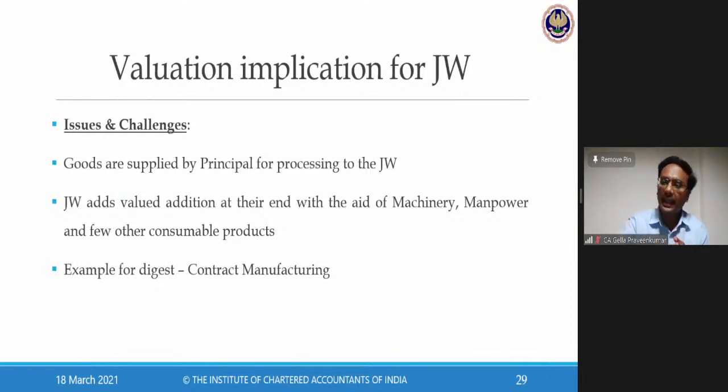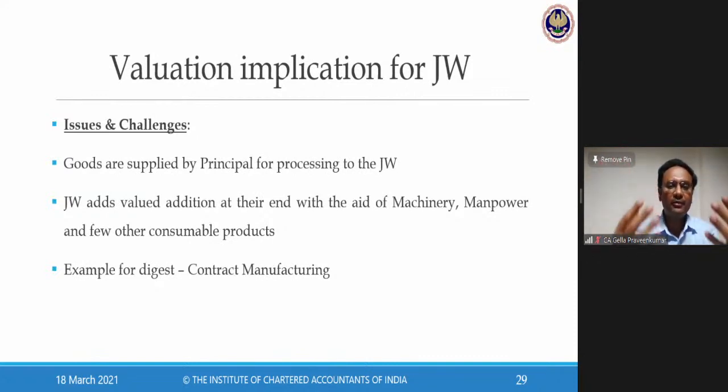Now here, any goods which are given to me, I'm working on goods belonging to the principal. What you have to see, the thumb rule for job work, is only on the value addition. I repeat, only on the value addition you're supposed to charge GST, not anything else. Whatever belongs to the principal, whatever is given to me, I don't consider in my valuation.